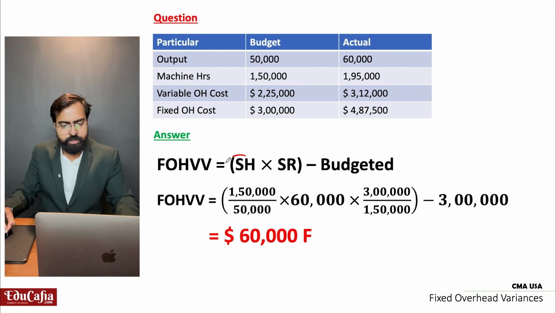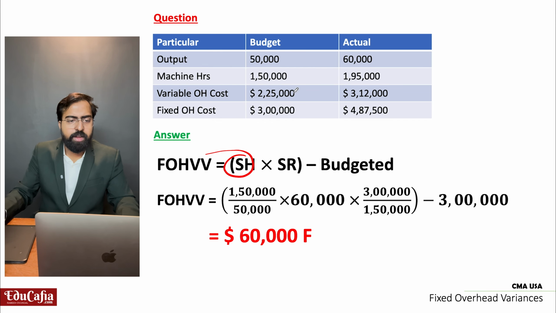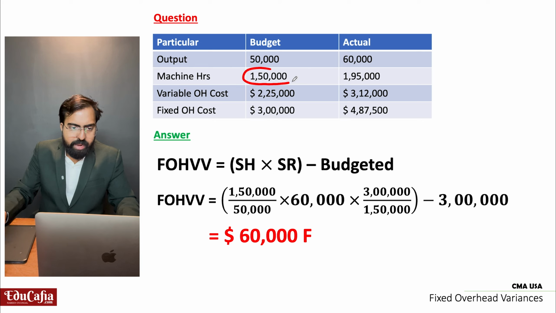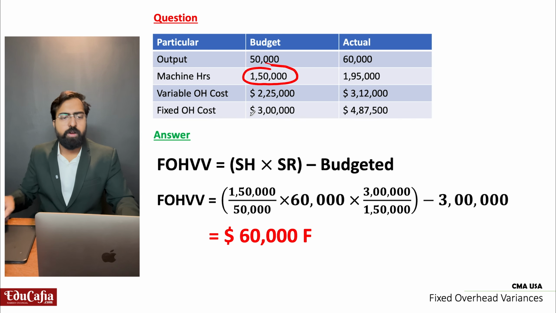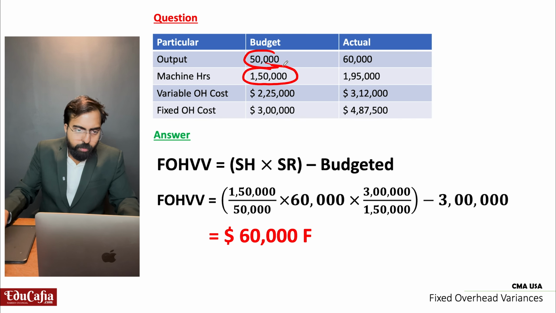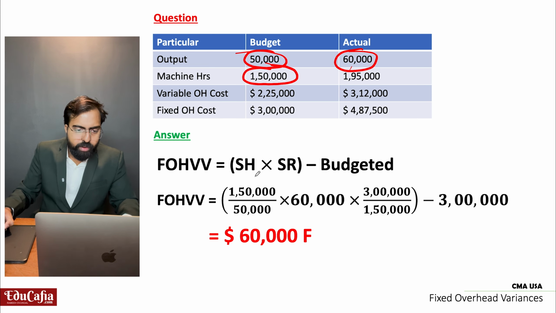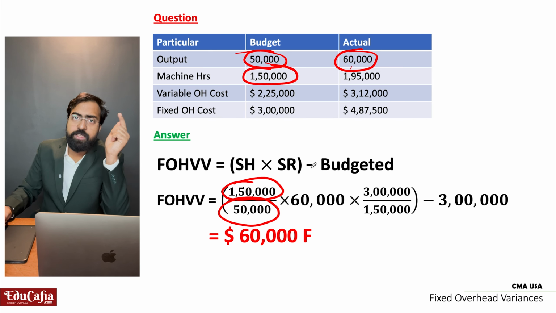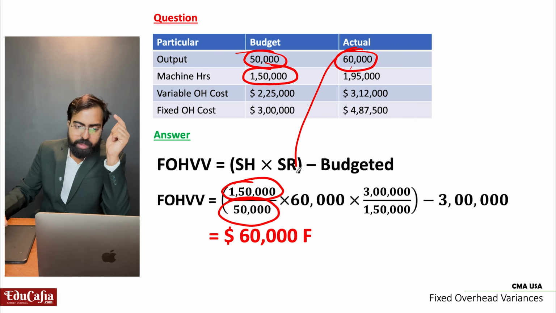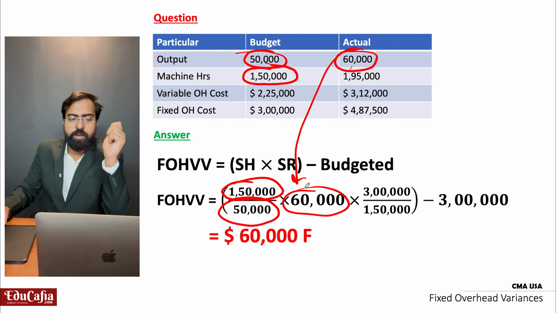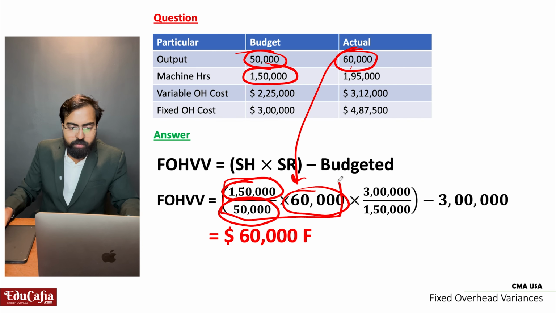So what is SH? Standard hour. Here you can see 1,15,000 hours for 15,000 output. If it is 16,000 output, how many hours will there be? We calculate that by dividing 1,15,000 by 15,000, which gives the hours for a single output. Then we multiply by 16,000, and now we have the hours for 16,000.